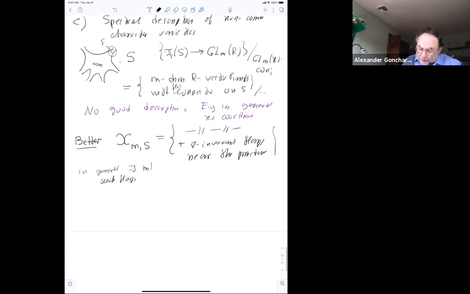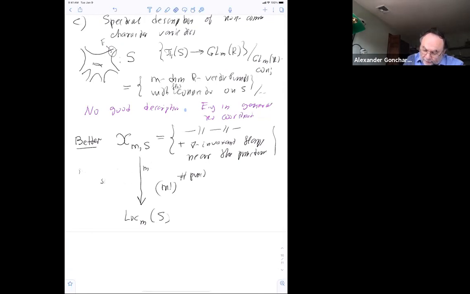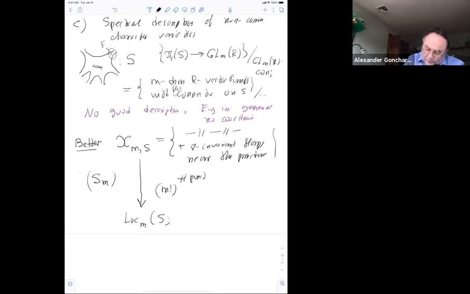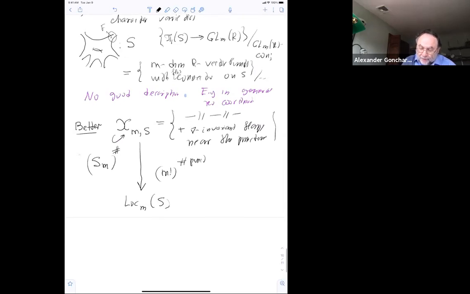And so this just means that this moduli space is a cover of degree m factorial raised to the number of punctures of the moduli space we wanted to consider, which you can call m-dimensional local systems on S. And this cover is a Galois cover, so there is an action of the group S_m to this number of punctures acting here. And this space does have a good description. So this is the space to consider.